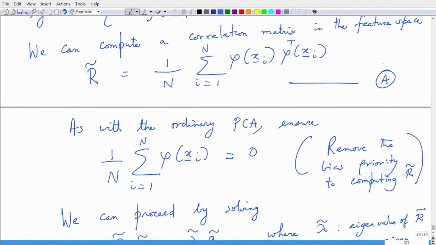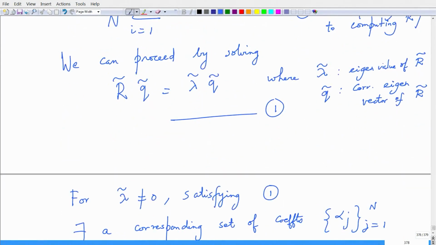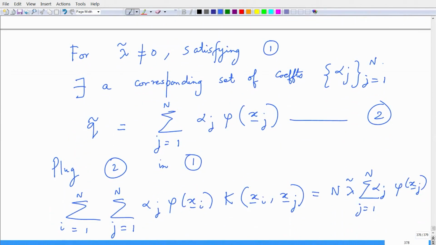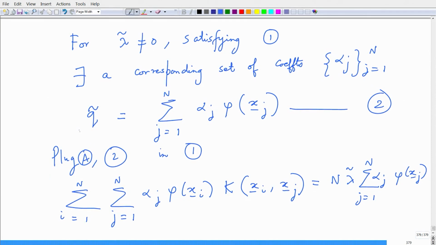So, I use this equation A and equation 2 in 1, and I can simplify this in this form. Now here this kernel is straightforward. This kernel K of xi, xj is defined as phi transposed xi times phi of xj.